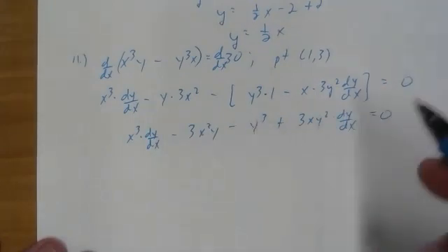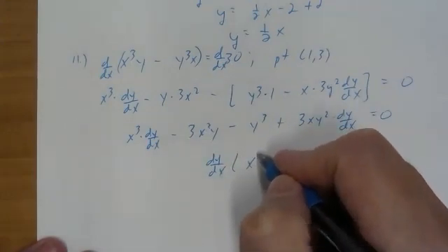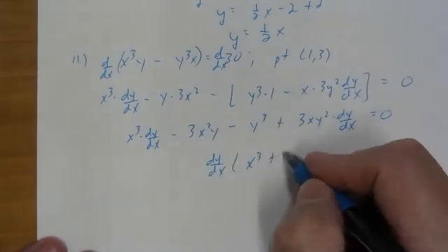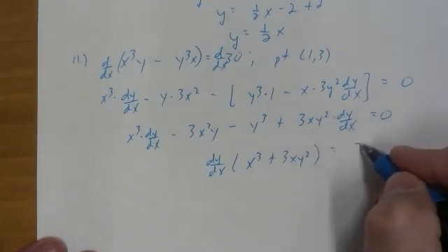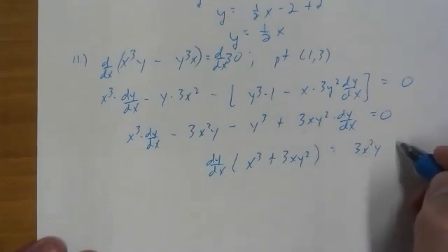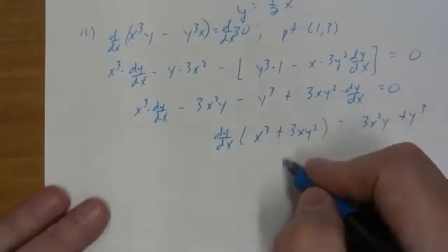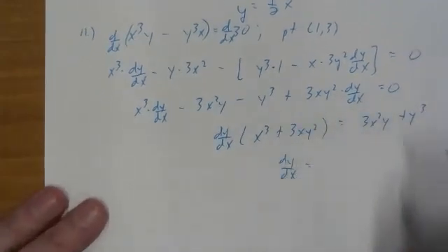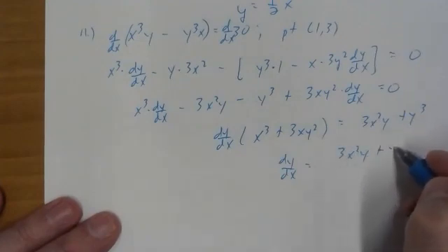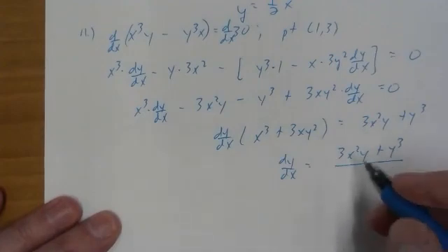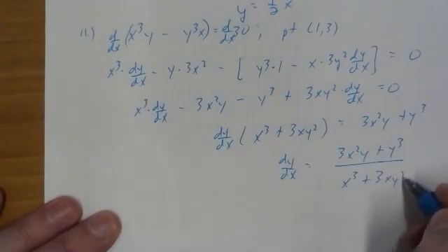I'm going to move these to the other side. x cubed plus 3xy squared equals 3x squared y plus y cubed. So it's pretty messy, but if I didn't mess up, here's the derivative: (3x squared y plus y cubed) over (x cubed plus 3xy squared).